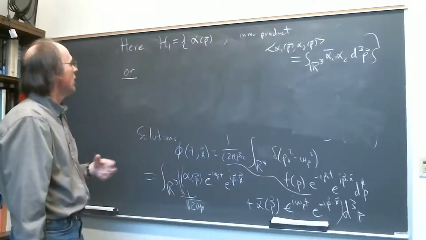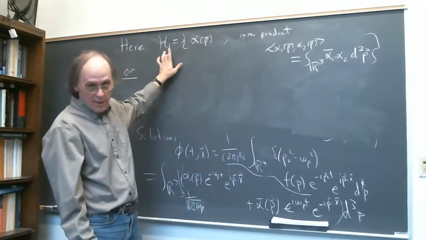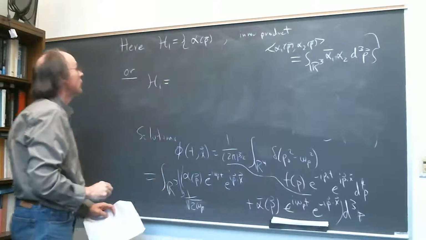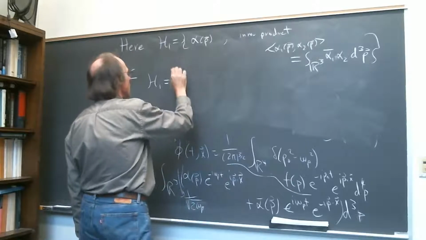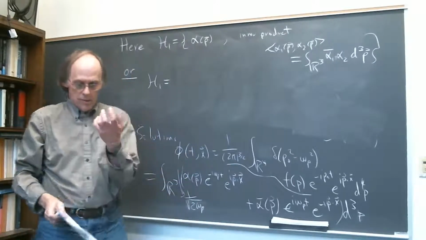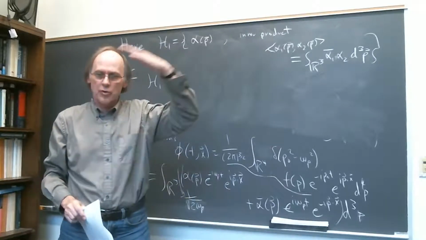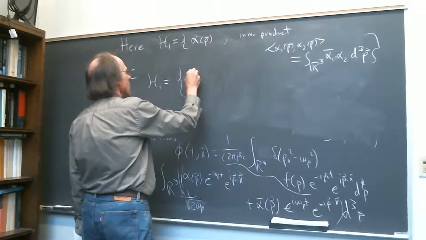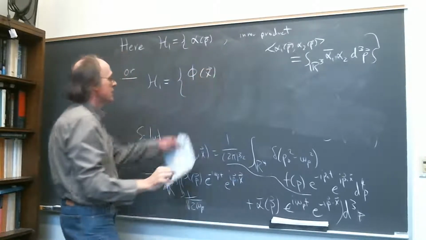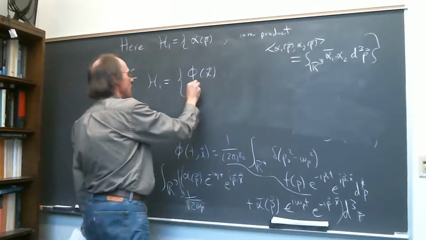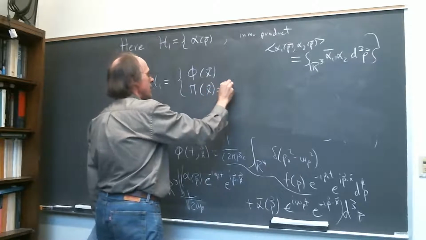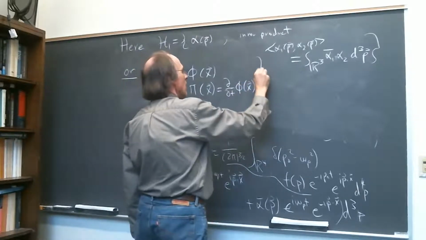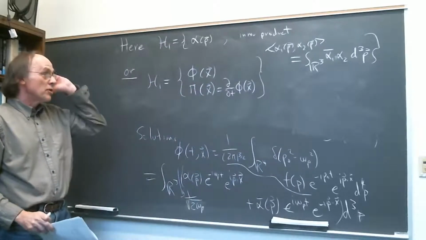And so if you want to think about how to parameterize the solutions in position space, you can take H1 to be the set of, well, if you want to describe a solution of the Klein-Gordon equation by using initial data at time 0, you would have some kind of phi of x vector, so this is the field at time 0, then pi of x vector, which is going to be d/dt of phi.